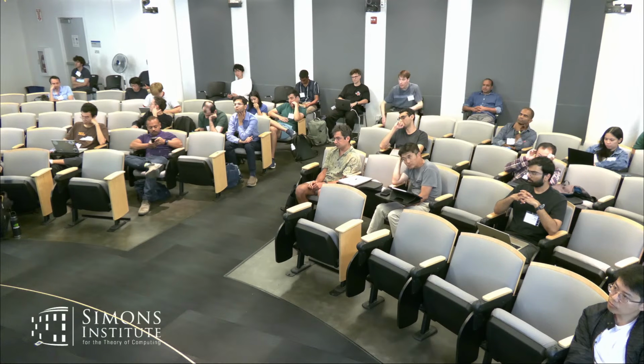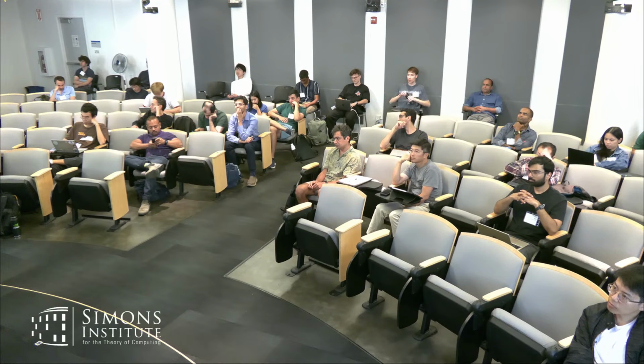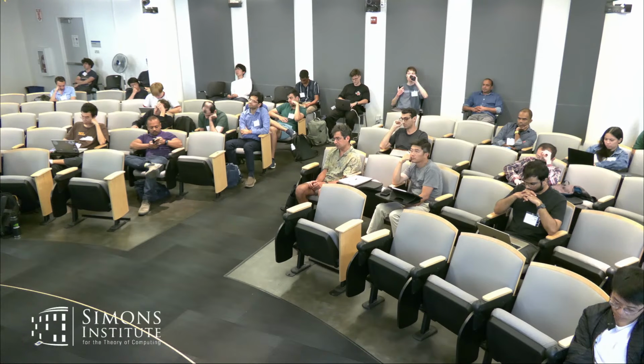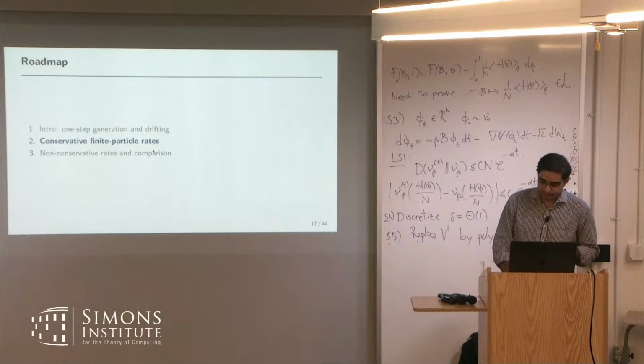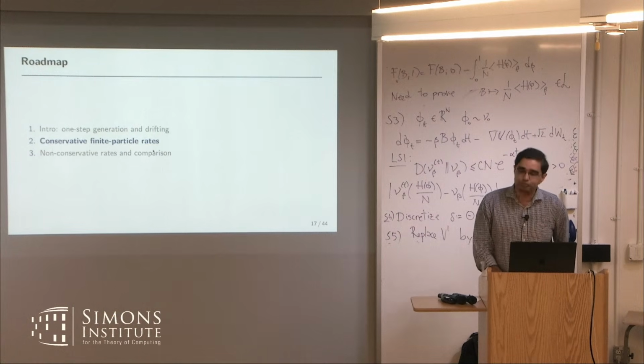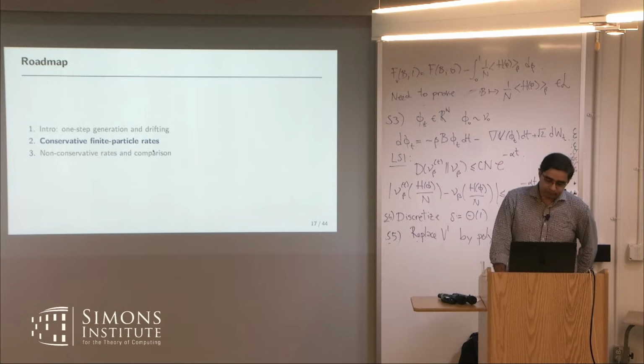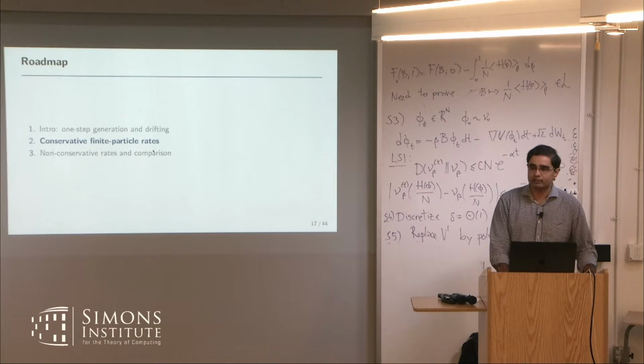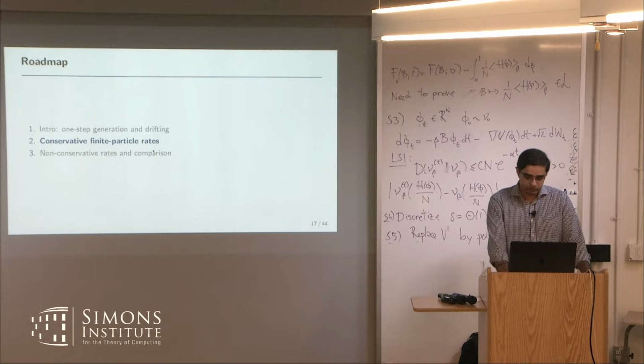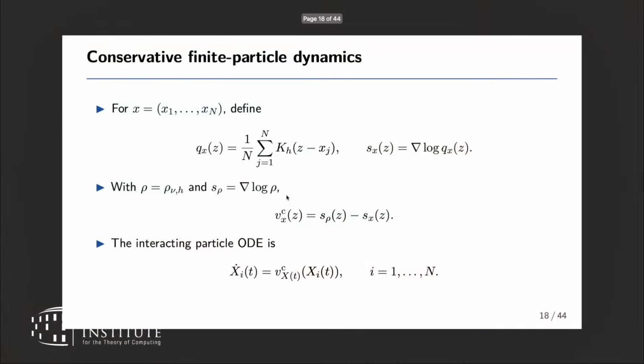All right. So now hopefully we are on the same page with respect to understanding what a drift model is. Let's look at finite particle rates for these drifting models. Here is exactly the full details written out.